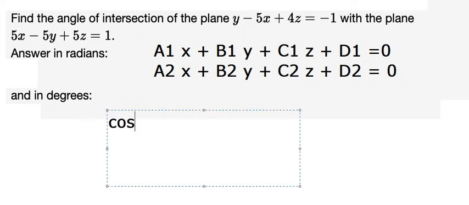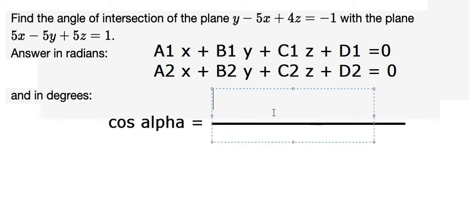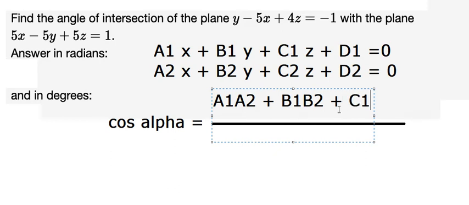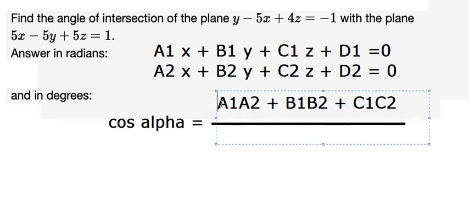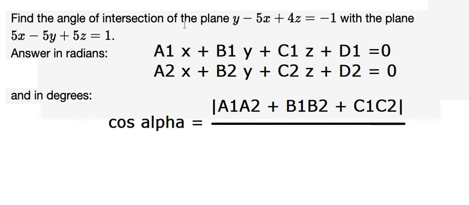I will write cosine alpha is equal to, on the numerator, A1 A2 plus B1 B2 plus C1 C2, and we need to put it inside the absolute value because we don't know if this is positive or negative.